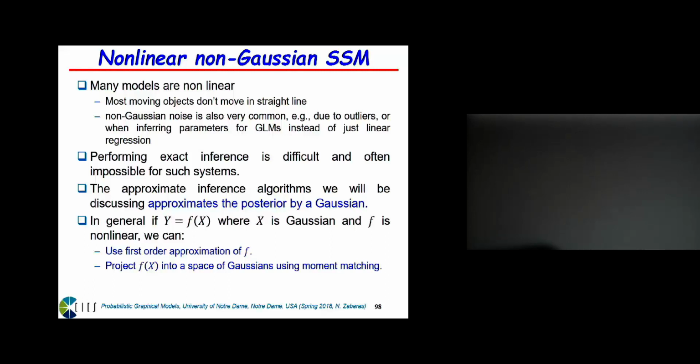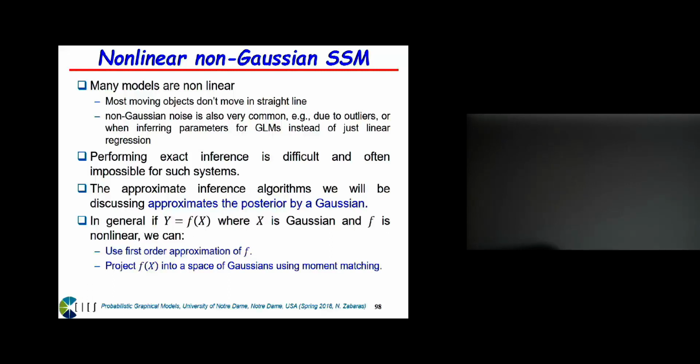Let's say that the relation is not linear. Then we basically have that Zn minus 1 goes through some nonlinear function f of x to give me Zn, okay? You can do this instead of the matrix A, or you can have something like that to represent noise.